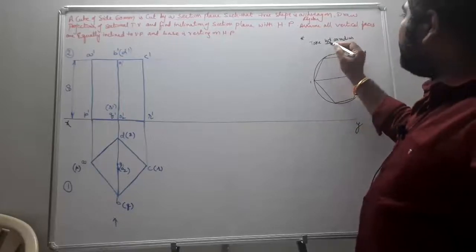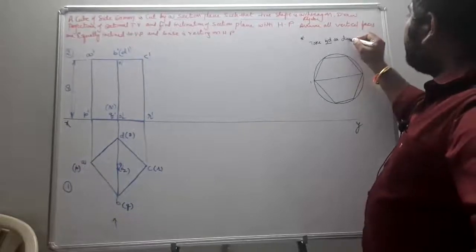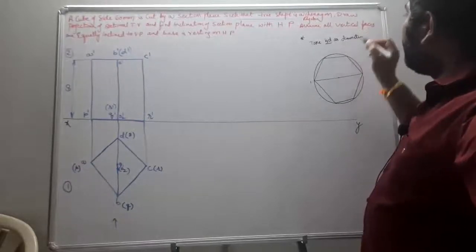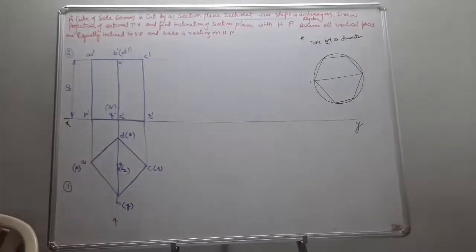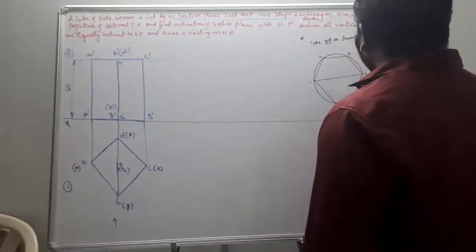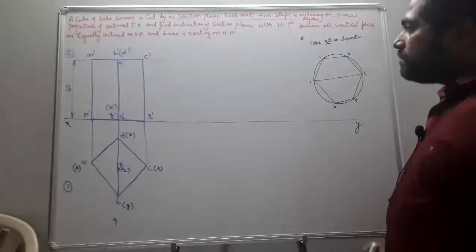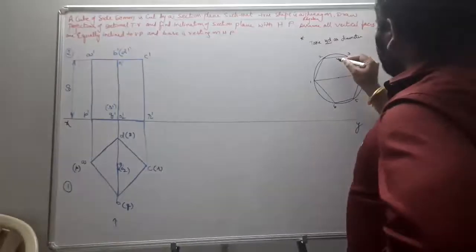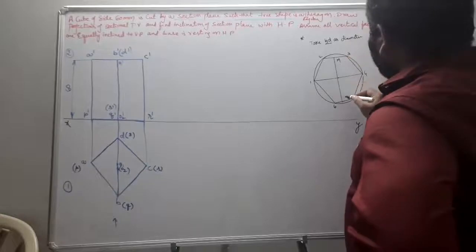I take BD as the diameter, this BD diagonal, and describe a circle. Mark the points 1, 2, 3, 4, 5 and 6. Take the centers of 2, 3 and of 5, 6, and draw the vertical line. This becomes M, this becomes N.